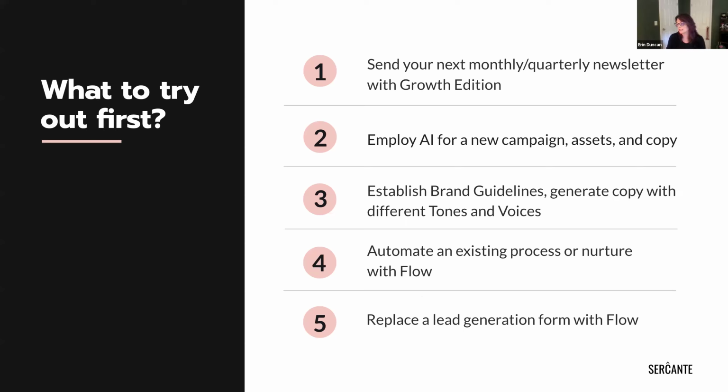You can also take an existing process, nurture, or lead generation form out of your current system, whether that's Salesforce or Account Engagement, and pull that into Growth, and see what other options you have and how you may change or improve your process with the new features and functionality.